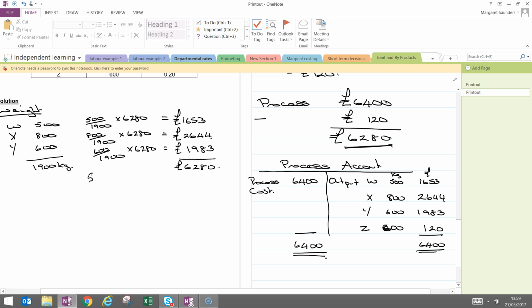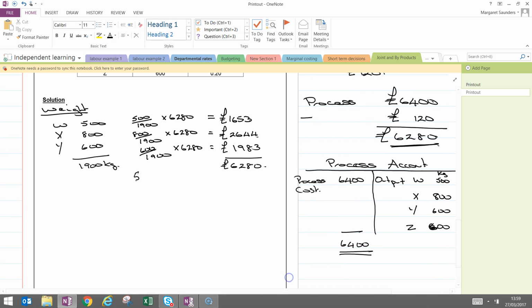Okay, so that's looking at apportioning the costs on weight. The other method is to apportion the costs on market value. So we've got the three products, W, X and Y. So we need to work out the market value.